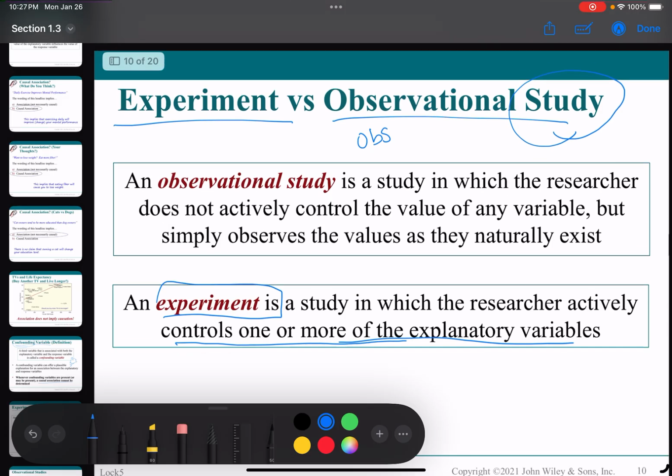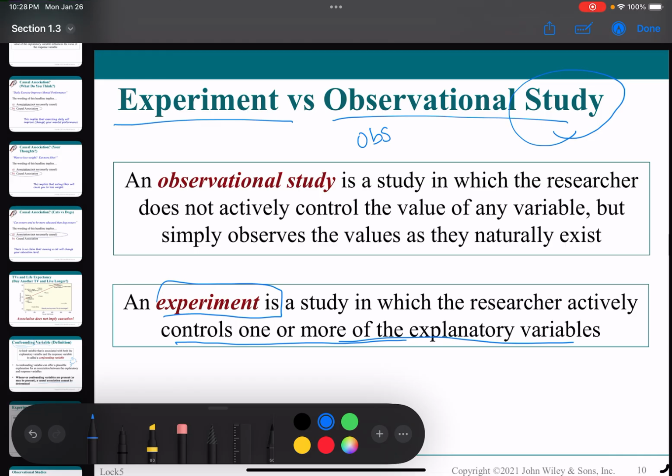At the same time, I mentioned, based on association and causation, we don't use observational studies to make conclusions. We never make conclusions using observational study. On the other hand, using experiments, we make conclusions.